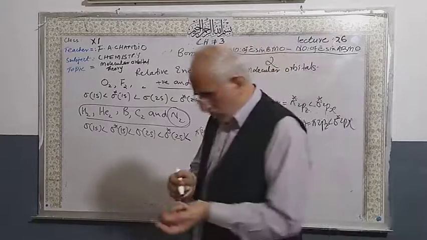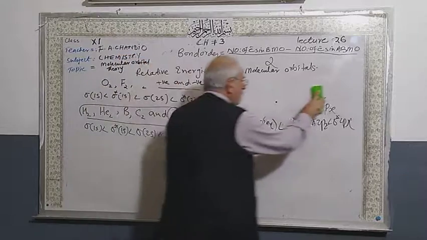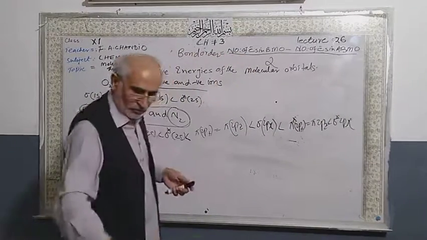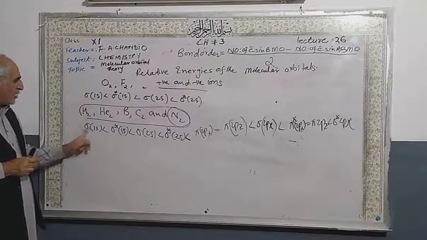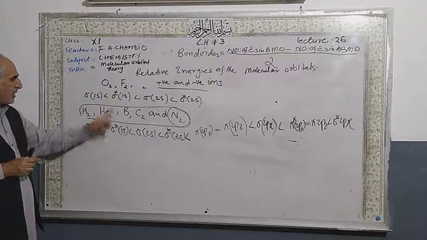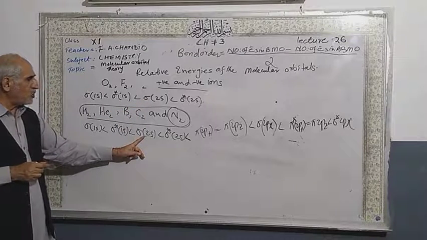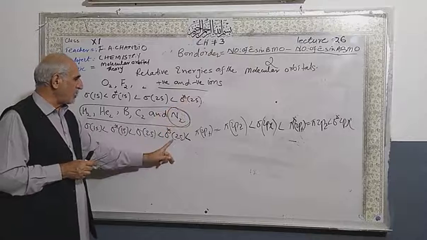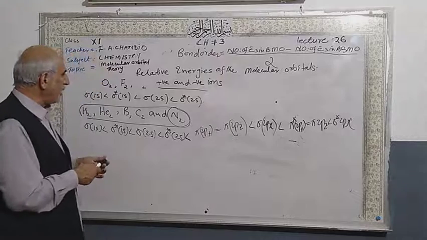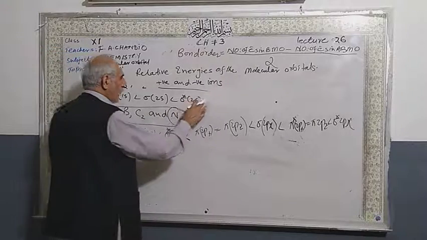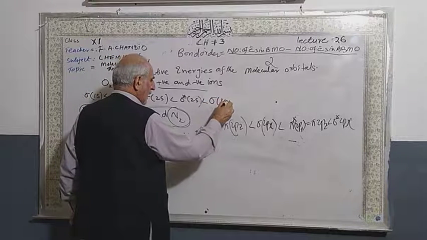So students, I'm going to write this again because this is very important. Maybe you are confused from here, so that's why I'm going to write it again. The sequence is the same: sigma 1s, then sigma star 1s, then sigma 2s, then sigma star 2s. So here it is going to be changed. In the case of oxygen and fluorine, you have to fill sigma 2px.